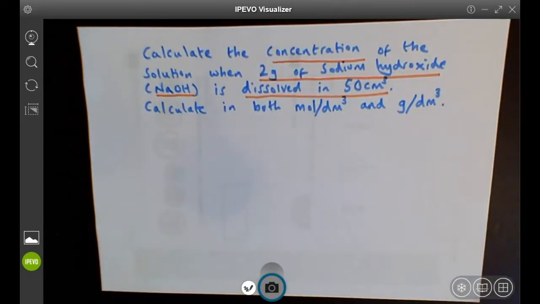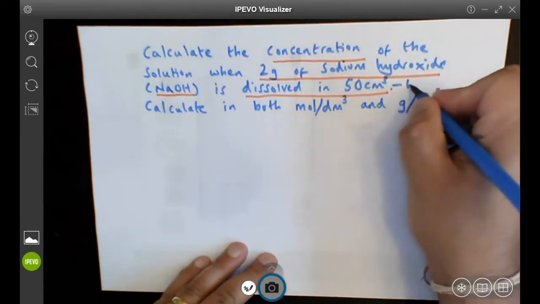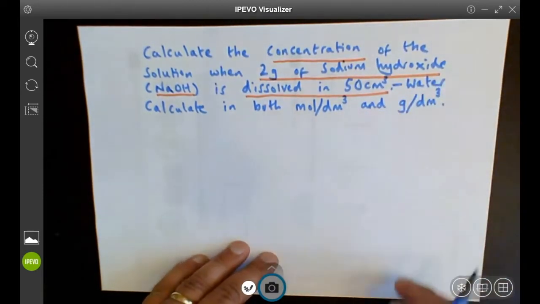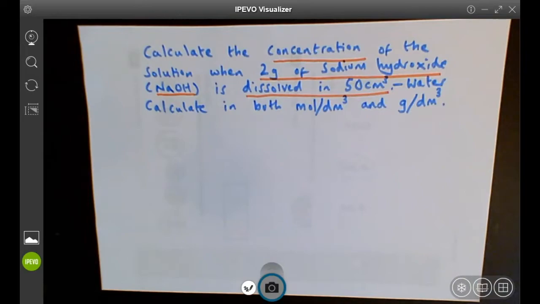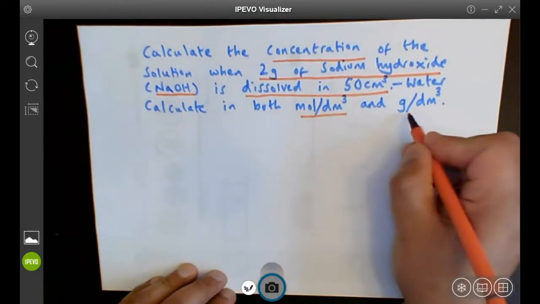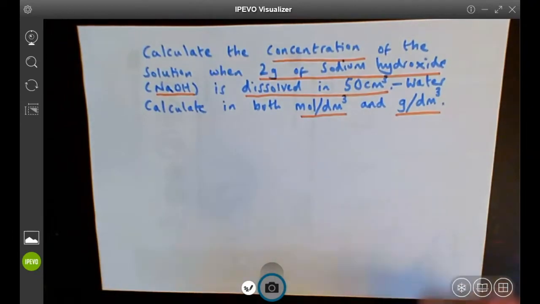Okay, so that 50 centimeters cubed is the water that it's dissolved in. It says calculate the concentration in both moles per decimeter cubed and grams per decimeter cubed.